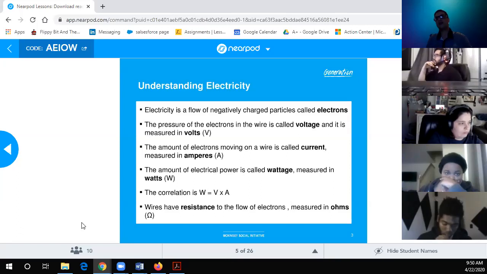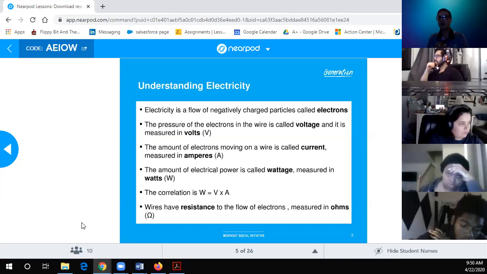Then you have your actual voltage. That's the pressure of the electrons that are coming in. You can think of the electrons as little particles of water inside a hose, and the voltage as the amount of pressure of water that's coming out.